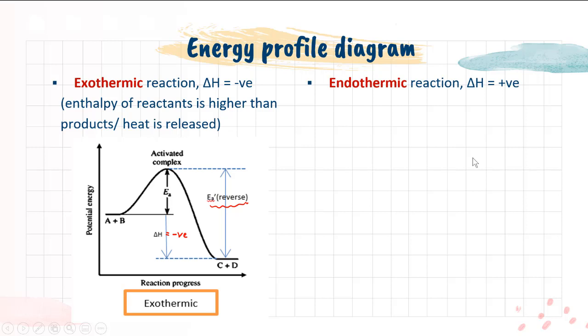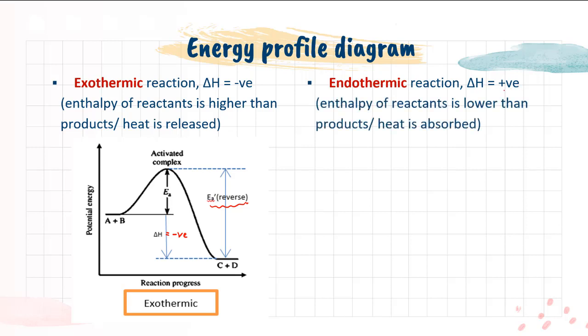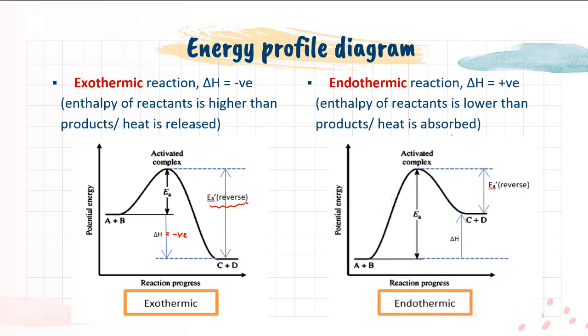Next we have our endothermic reactions, in which we have enthalpy equal to a positive value. In these endothermic reactions, the enthalpy of the reactant is normally lower than the product, or more commonly known, heat is being absorbed. This is represented by this energy profile diagram.